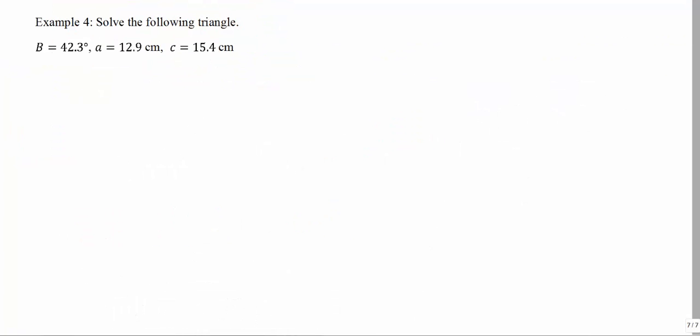In this last example, we want to solve the triangle that has angle B with 42.3 degrees, side A 12.9 centimeters, and side C 15.4 centimeters. Let's draw a triangle so we can see what congruence axiom we might be working with here. So we're told that angle B is 42.3 degrees.